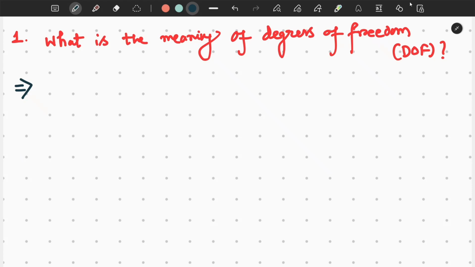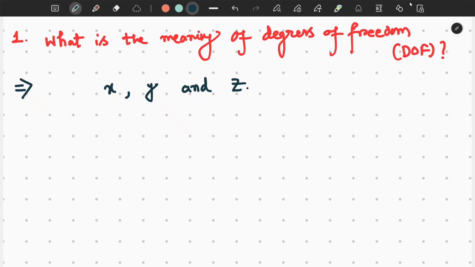Let's say you have two independent variables x and y, or three independent variables x, y, and z. We have already discussed these a little bit, but from a different viewpoint.